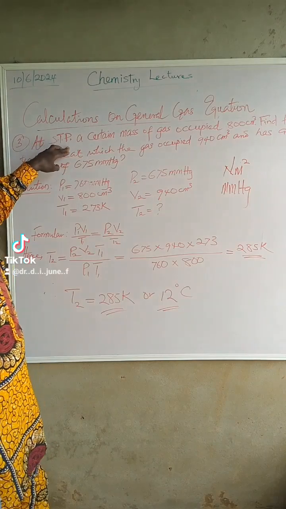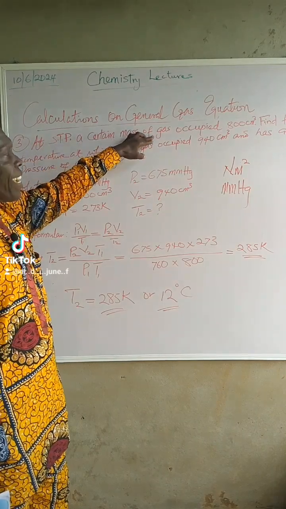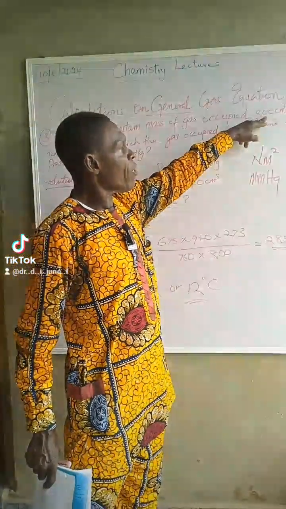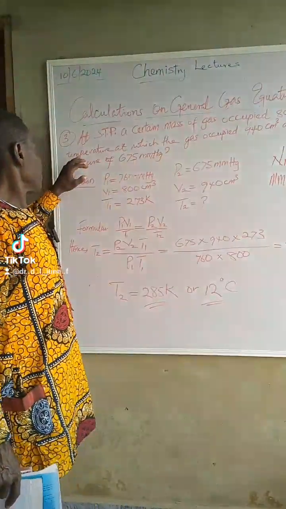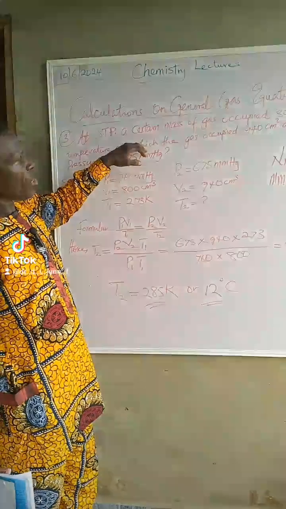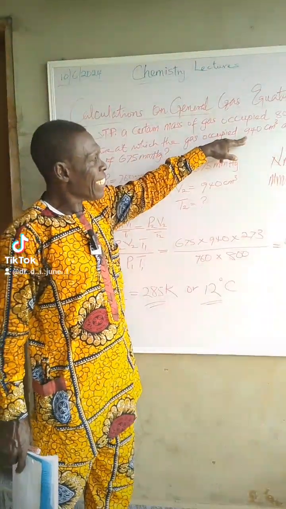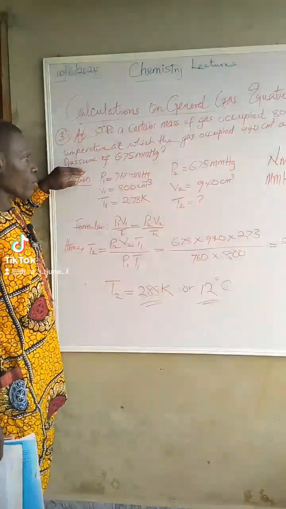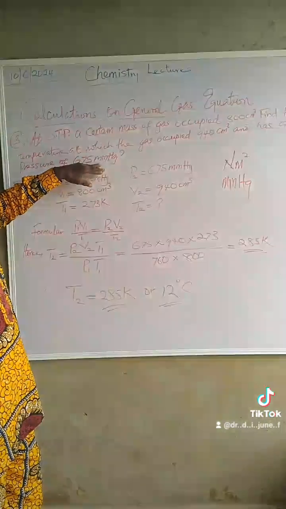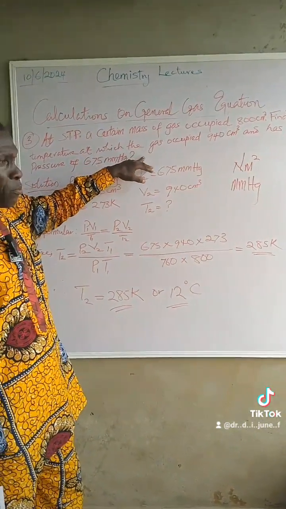At STP, a certain mass of gas occupied 800 cubic centimeter. Find the temperature at which the gas occupied 940 cm3 and has a pressure of 675 millimeter mercury pressure.